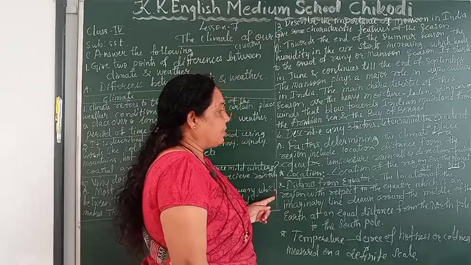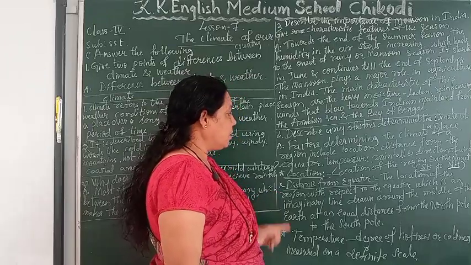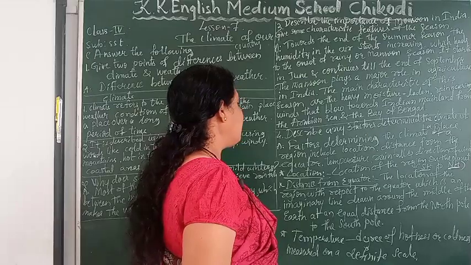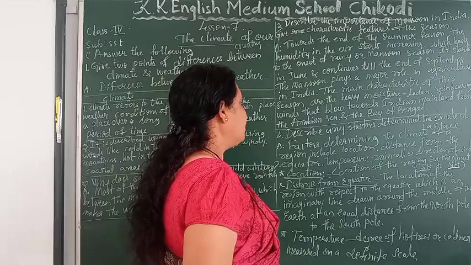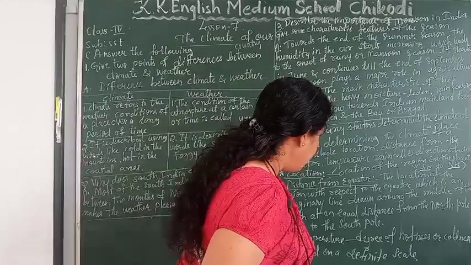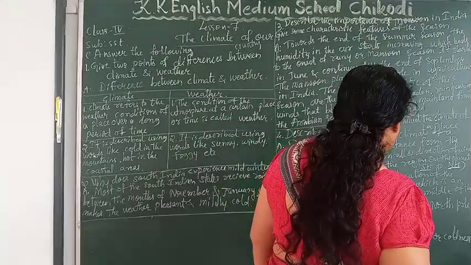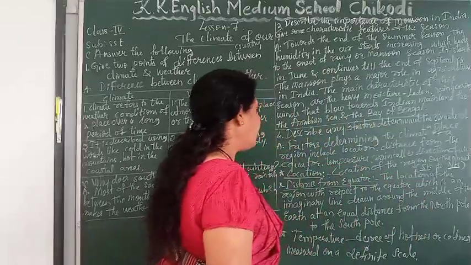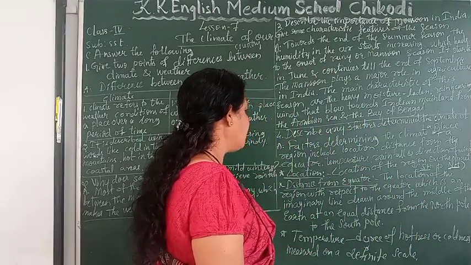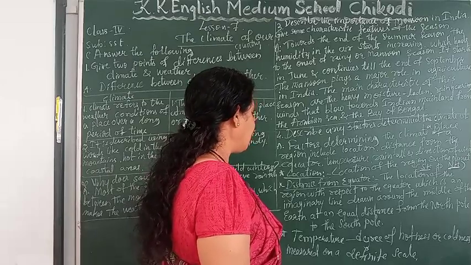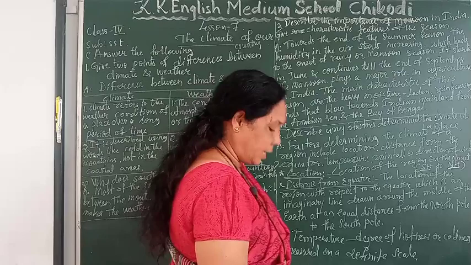Distance from the equator: the location of the region with respect to the equator, which is an imaginary line drawn around the middle of the earth at an equal distance from the north pole to the south pole. About the temperature, degree of hotness and coldness measured on a definite scale.